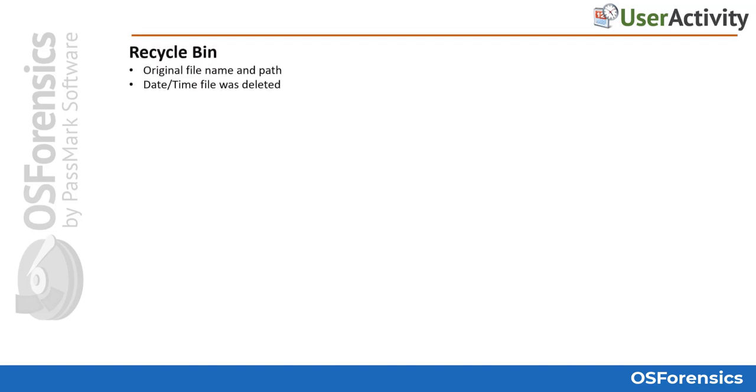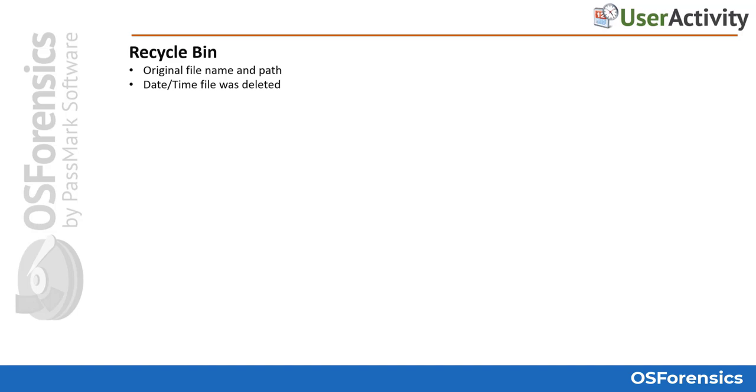The recycle bin section is a great way to quickly view the contents of the recycle bin and see the file's original file name, path, and date and time it was deleted and sent to the recycle bin. Starting back in Windows 7, when a file is deleted by a user, it is renamed and placed into the recycle bin along with an additional file which stores metadata about the file, such as the original file name, path, etc. So the actual file itself can be identified as it will start with a $R followed by some random characters.